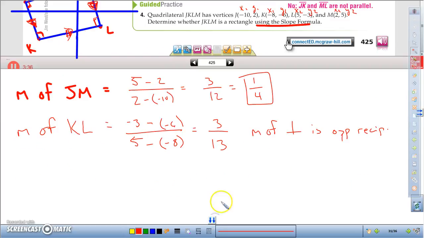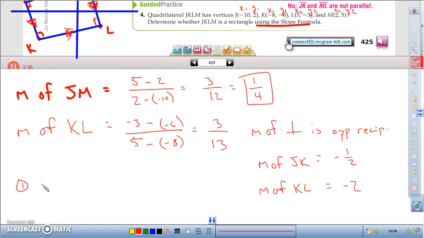And if they were perpendicular, I would want them to be something like this. I would want the JK to be -1/2 and the KL to be -2. This would tell me that these two lines formed a 90-degree angle, and that would be enough to tell me that it's a rectangle.